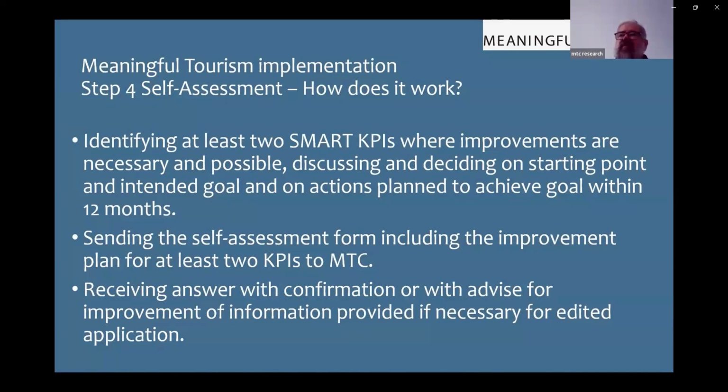How do we do that? Or we want to reduce our electricity consumption by 10%. How do we do that? And so you send this self-assessment form, including the improvement plan, to us, and we will either confirm, or if there are some points where we think it's not clear or could be done a different way, we will ask you to provide a second version.